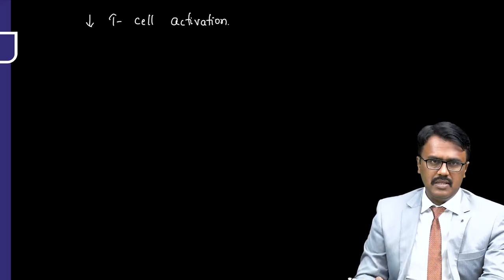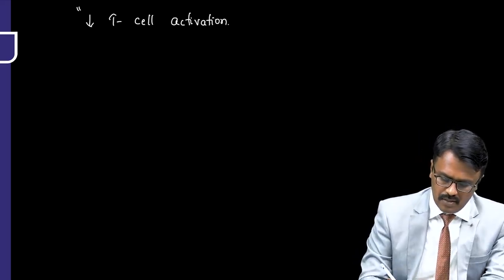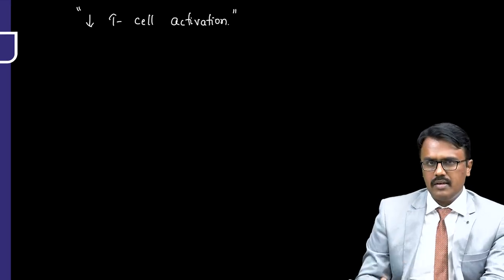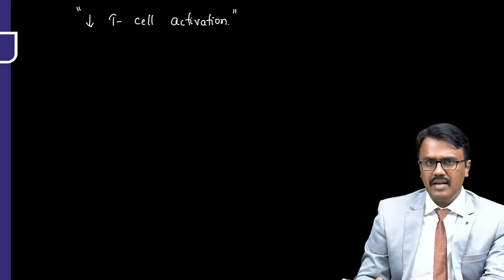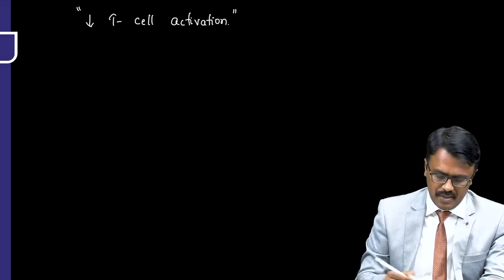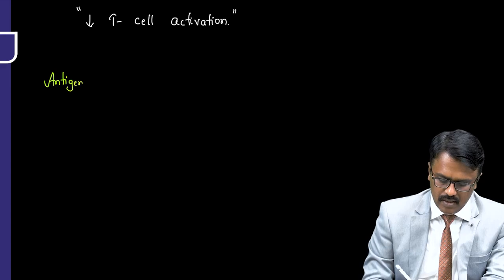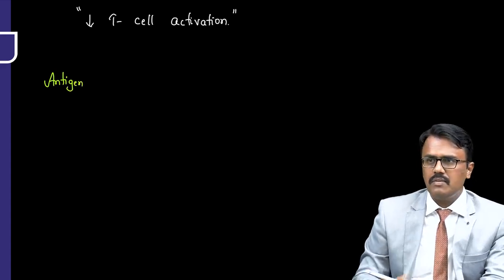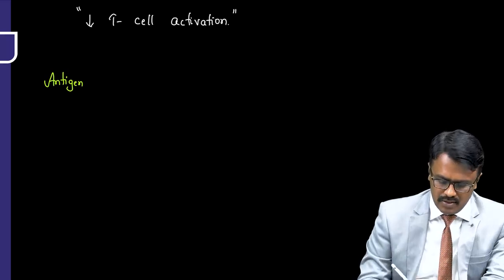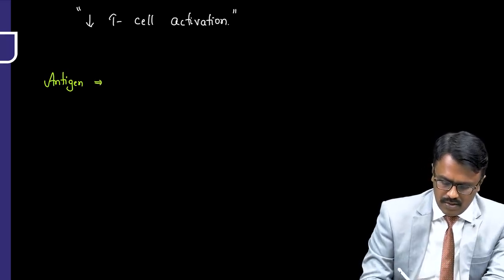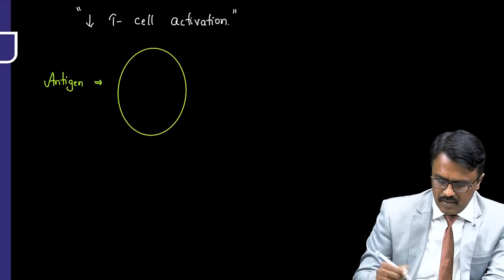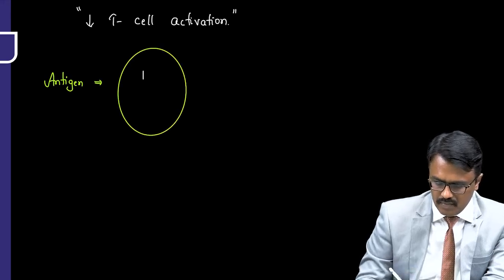Now let me tell you the basics first. Whenever some foreign thing is entering, it is called an antigen. Whenever the antigen comes into the picture, for example, an organ is being transplanted, there is a cell called the antigen presenting cell.